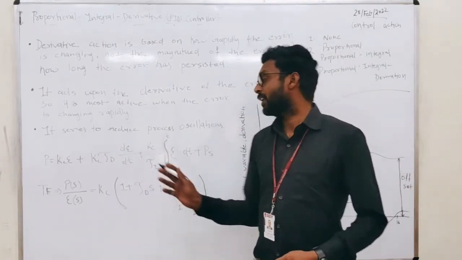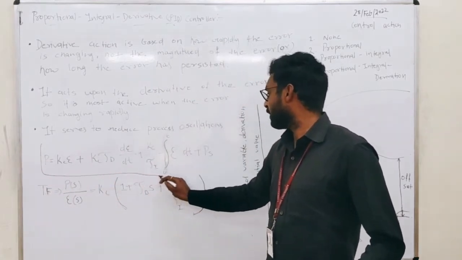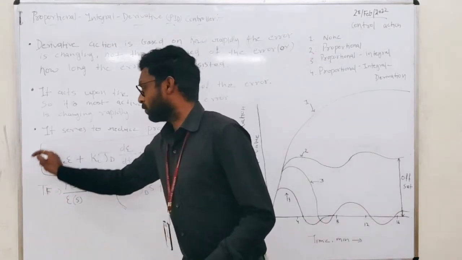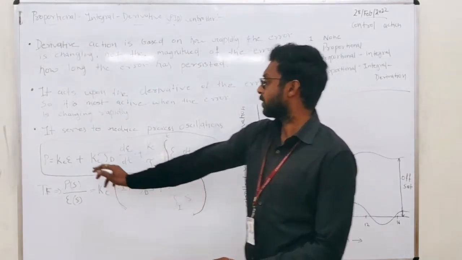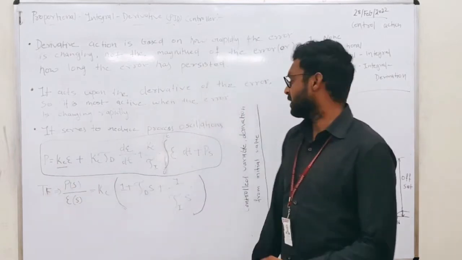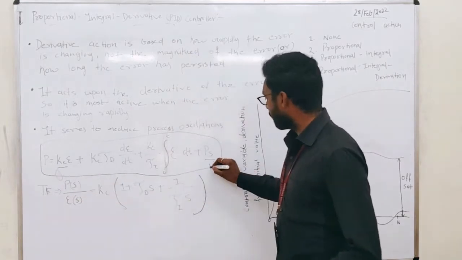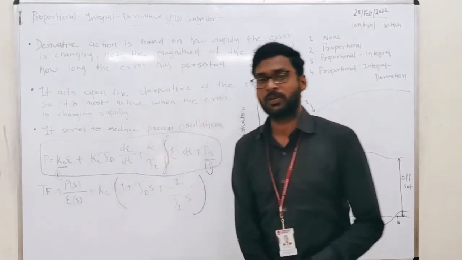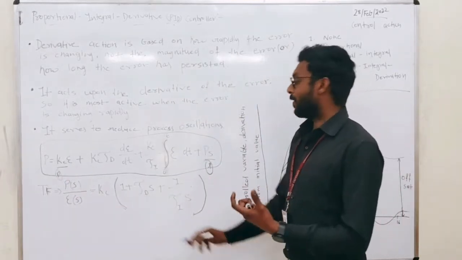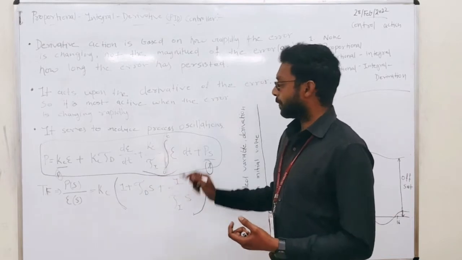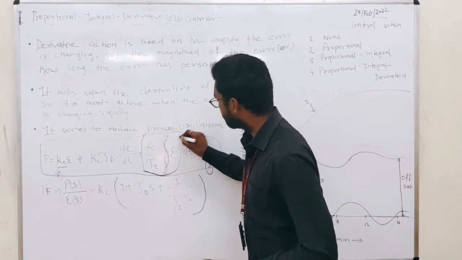So now, if you write down the equation for the PID controller, it looks like this. Simply, first the proportional controller term is Kc e plus Pc. So this is the proportional control. Then I have added the term I, which is the integral action of the controller.